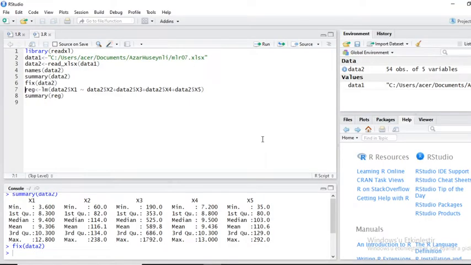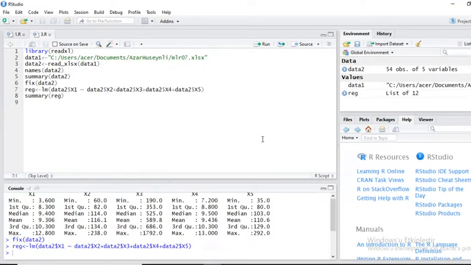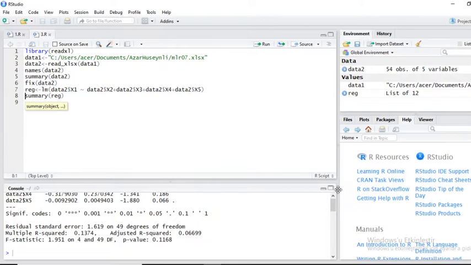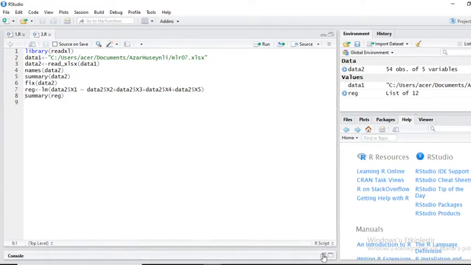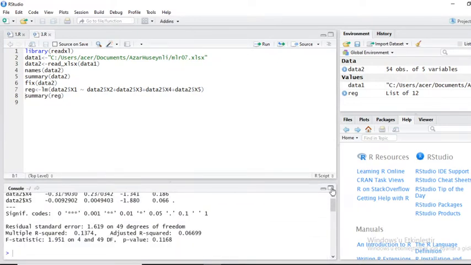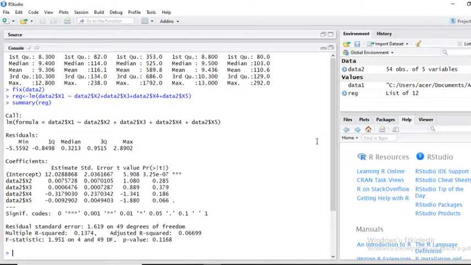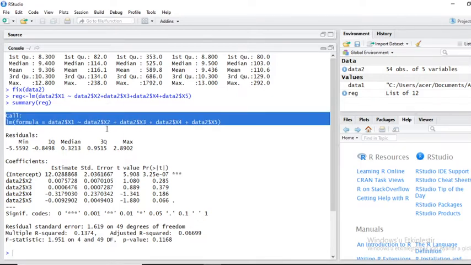So we have run the regression, and let's see the summary. Now let's make it bigger so that we see everything in one place. And so our formula is like this.